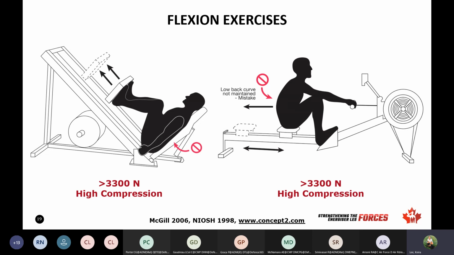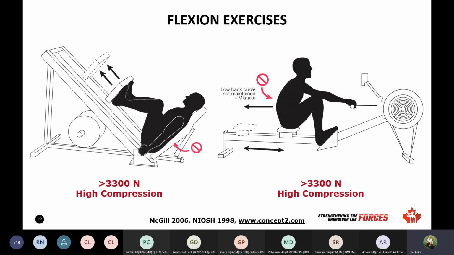A second machine that's commonly used in gyms, even at home too if you have a rower at home. This one, we need to be mindful of how we're using it and what strategies we're using to row. Hopefully we have some strategies, because this one can generate really high compression forces if we're not taking those precautions when we're using the rower, and it can put you at risk of a low back injury.